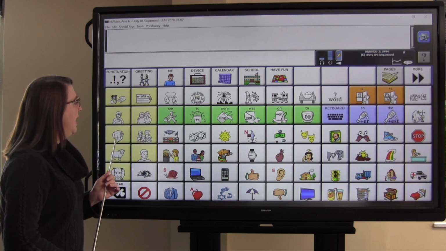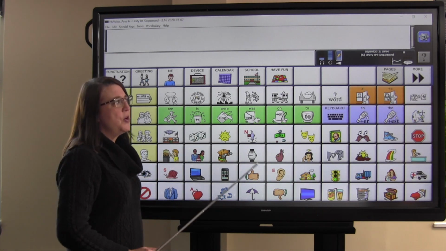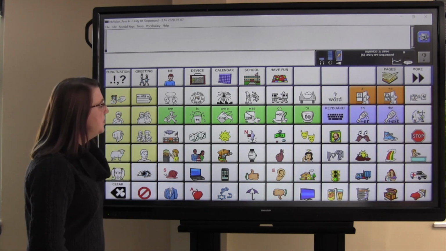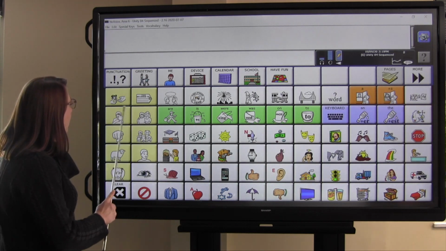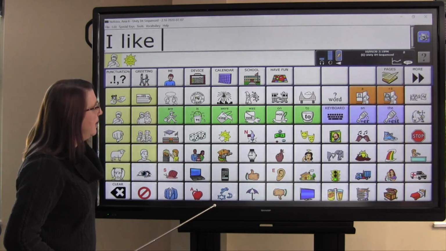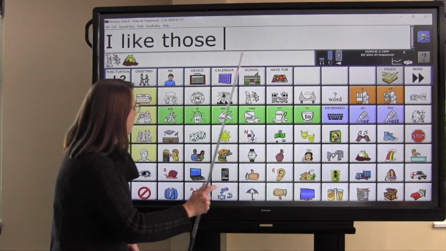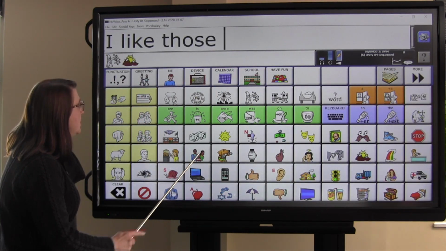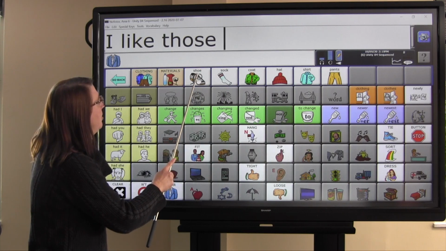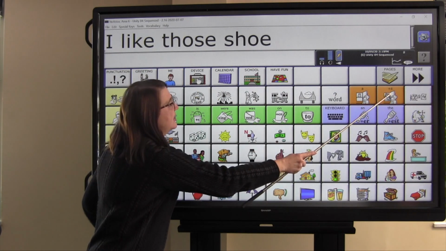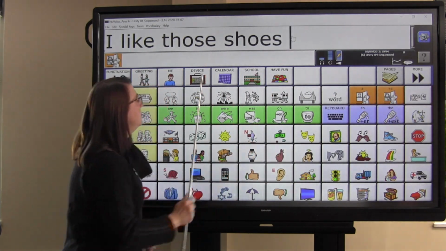Let's say, I like those shoes. Now remember, we're going to have to add a plural to that. Shoe. With this S over here. Shoes. I like those shoes.